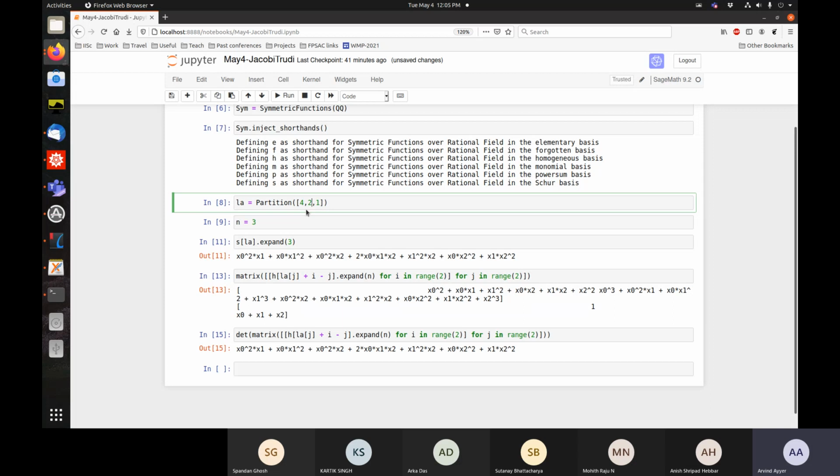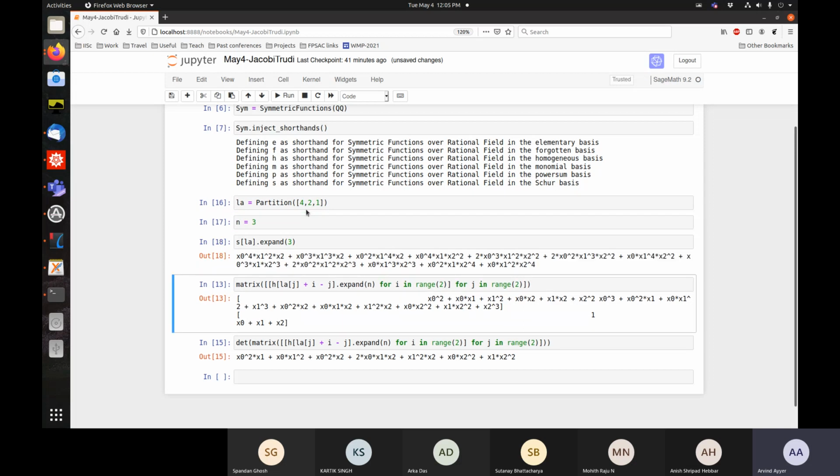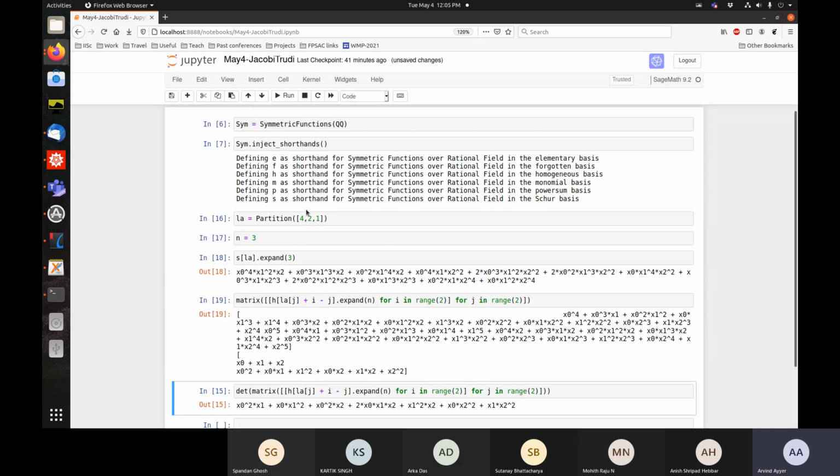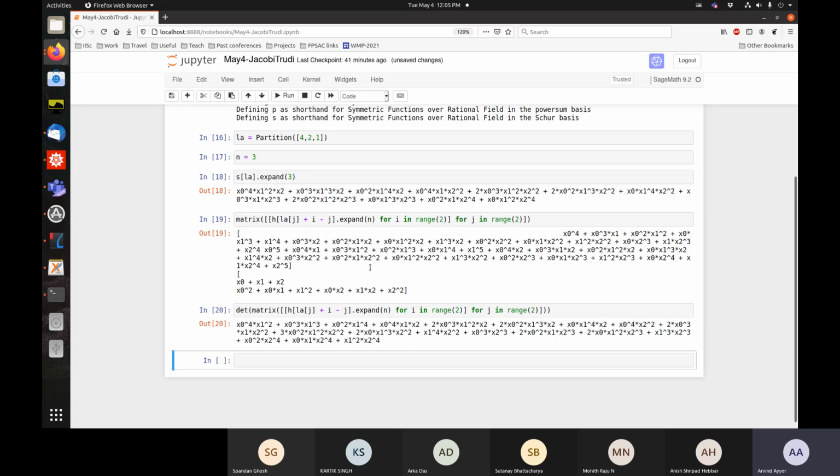So 4, 3, total 1, and 3, mass. Check. Something went wrong. You have to change 2 to 3, right? Yeah, I should change.